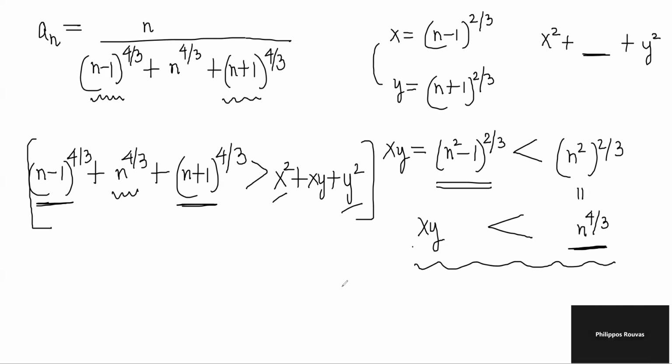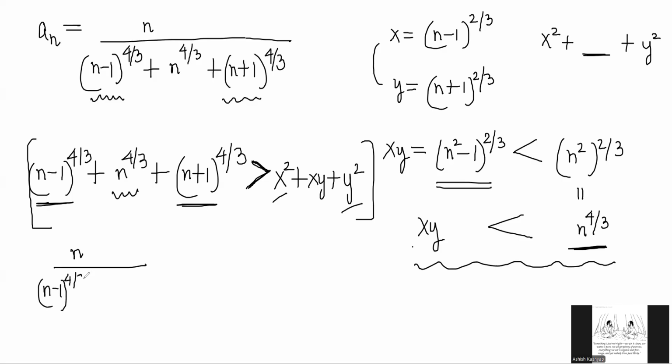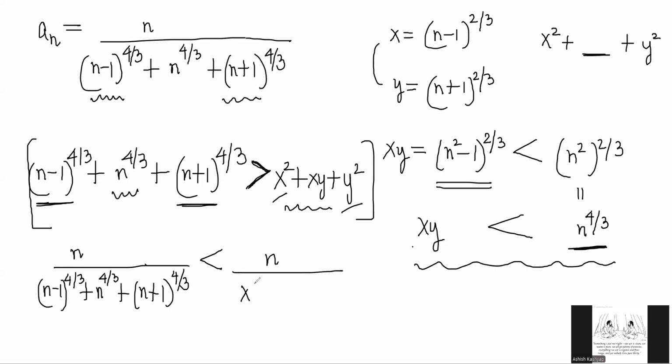Yes. So notice that because we have an inequality with the denominator, the denominator on the left hand side is bigger than this. So if you replace it with x square plus xy plus y square, the fraction will be less than n divided by this, right?